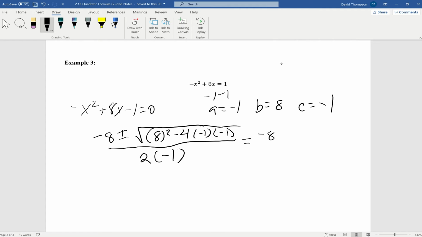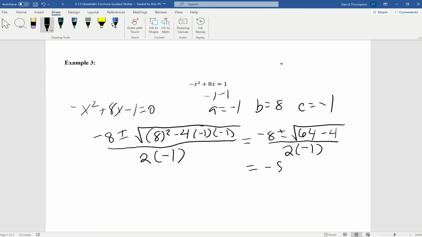We're going to have negative 8 plus or minus the square root of 8 squared, which is 64, and then 4 times negative 1 is negative 4, times negative 1 is positive 4. So minus 4, all this over 2 times negative 1.